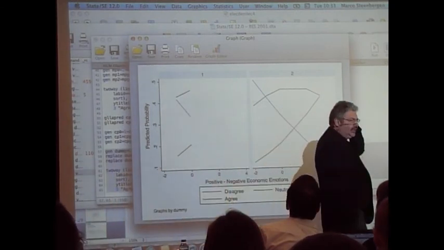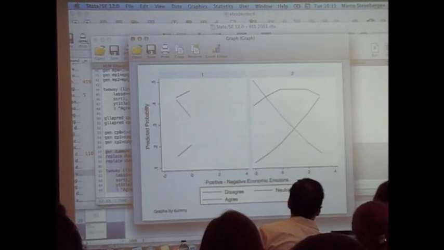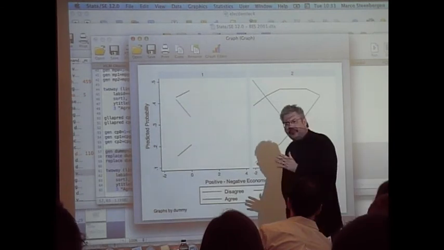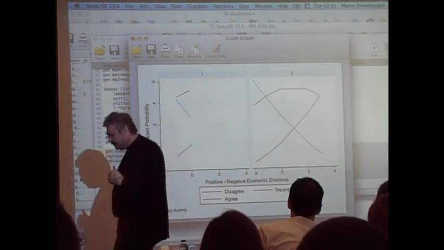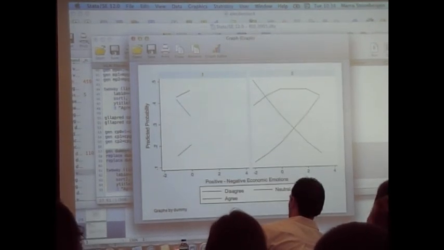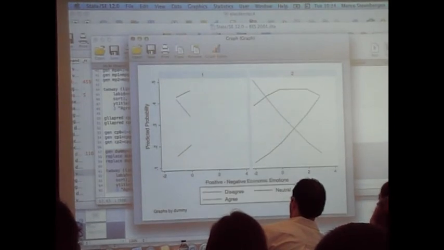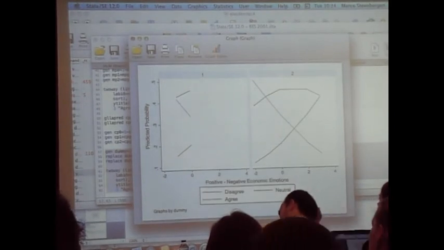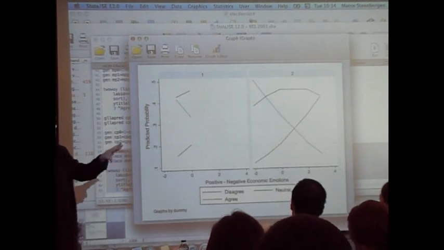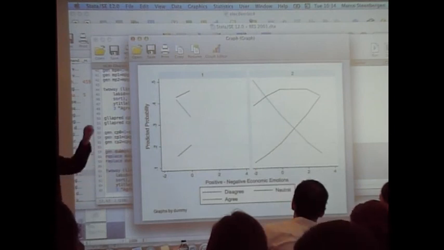Doesn't work out in this example, but there are certainly other examples where it does work out. And again, the way you calculate the predicted probabilities is not fundamentally different than what you have in the logit, and it's also not fundamentally different when you start looking at odds ratios. That's also very similar, except in these ordered models, you always look at cumulative odds as opposed to odds of one category.